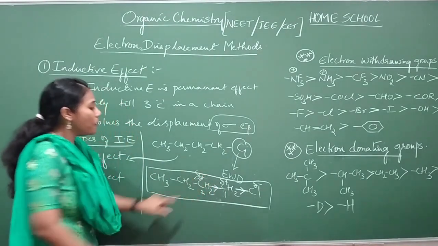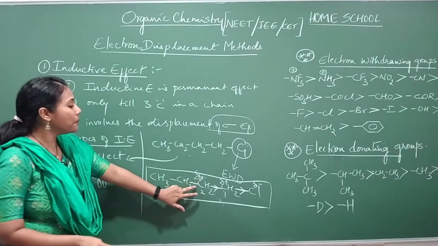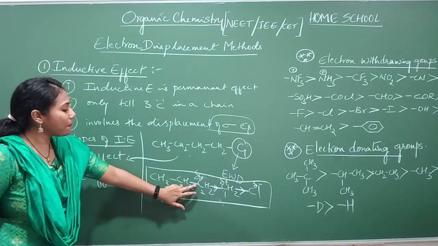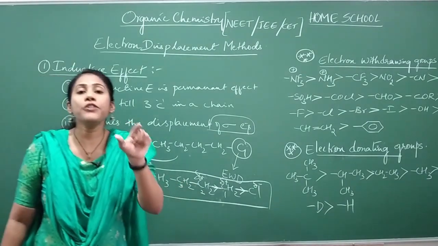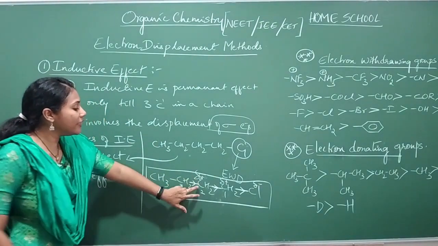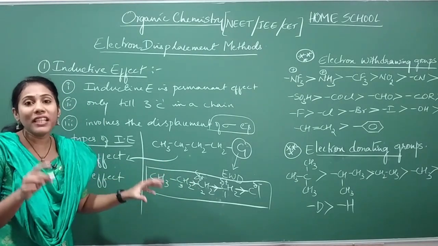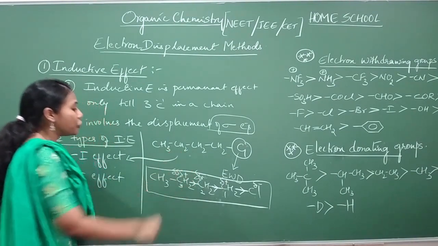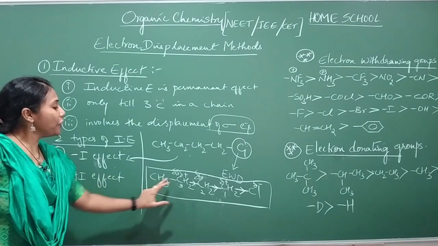Now the effect will shift to the third bond also. The sigma bond between carbon 2 and carbon 3 will also become polar. This bond is moving towards carbon number 2, so carbon 3 is becoming weaker and more and more electropositive. That's it. There is no shifting of polarity for the fourth bond.